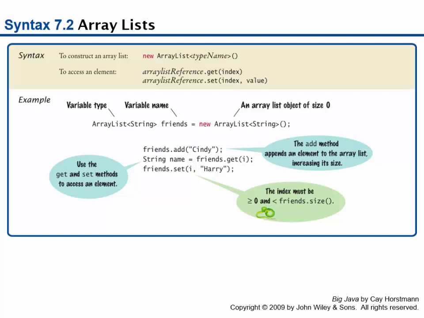So here's the syntax diagram. The first line is how to construct an ArrayList. We call the new method on the ArrayList passing in the data type. To access something in an ArrayList, you call the get method, or if you want to change an ArrayList member, then you call the set method.